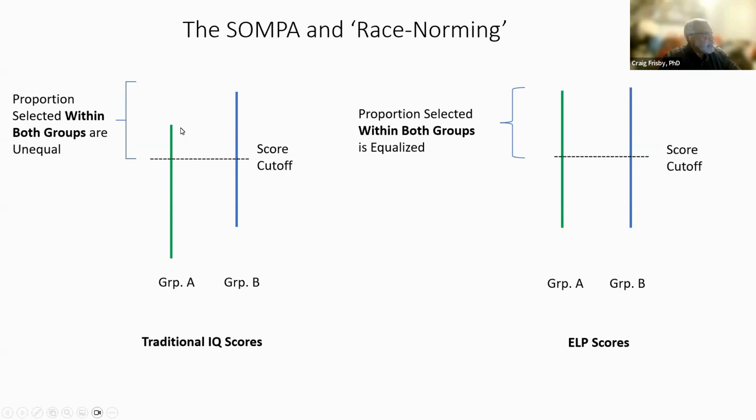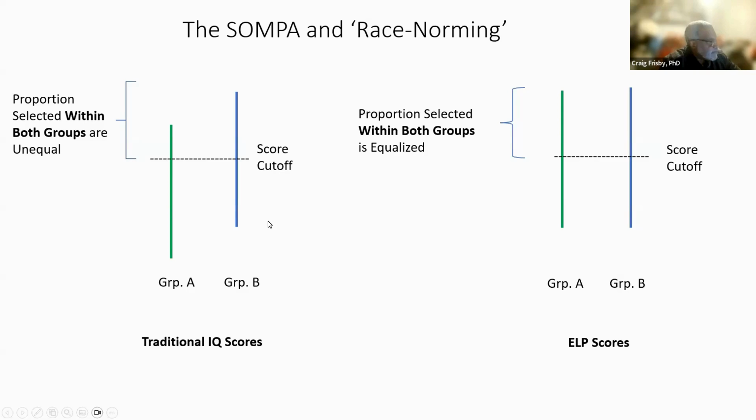You'll see that if the two groups have different distributions, but you evaluate them using the same cutoff score, more people from group A will fall below the cutoff score than people from group B. And conversely, if you're looking at people above a cutoff score, more people from group B will make a score above the cutoff, and fewer people from group A will make that score.